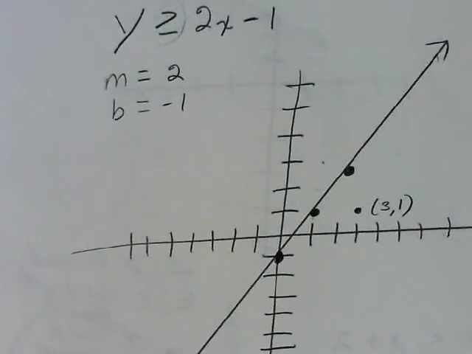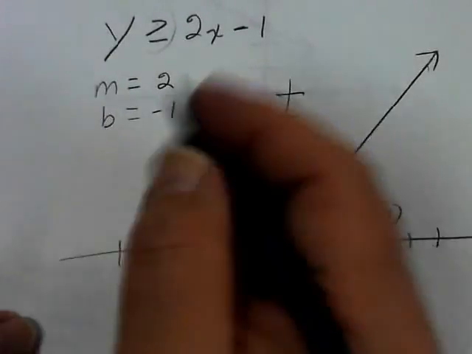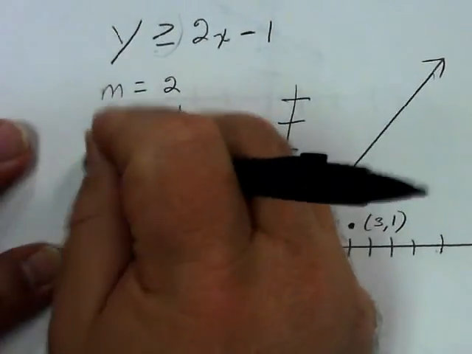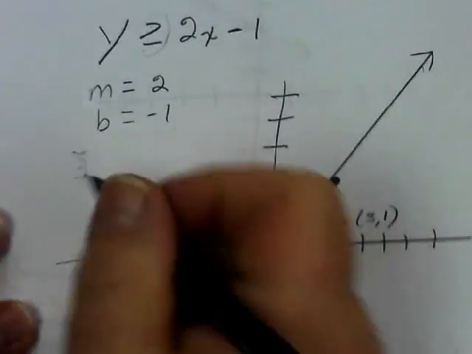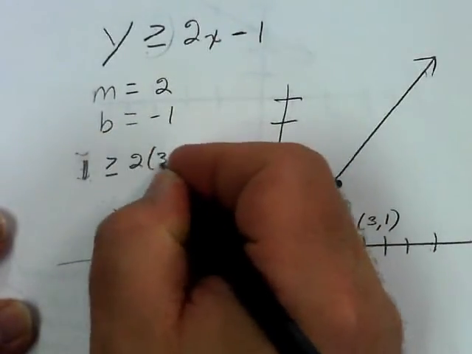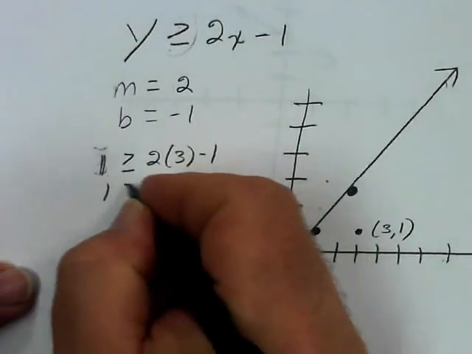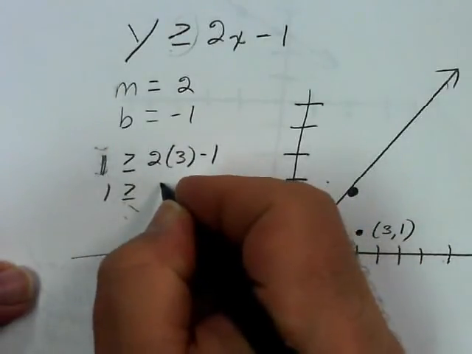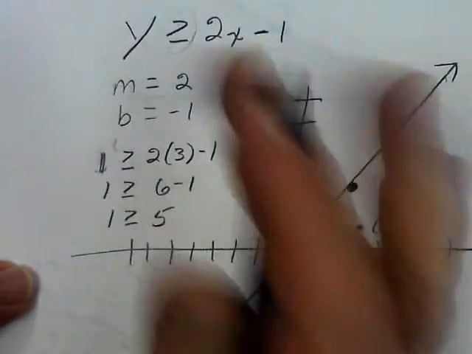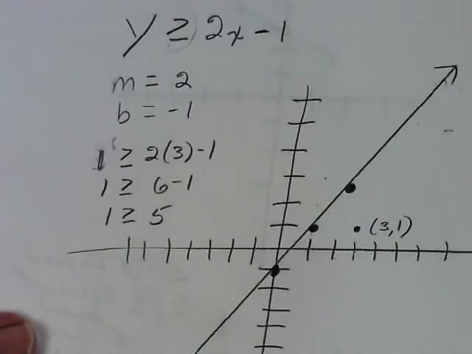So we have an ordered pair of 3, 1. So I'm going to put it back into here, so I would have 1 is greater than or equal to 2 times 3 minus 1. That's not true. So 1 is greater than or equal to 6 minus 1, so 1 is greater than or equal to 5. Is that false? So then you say the other side.